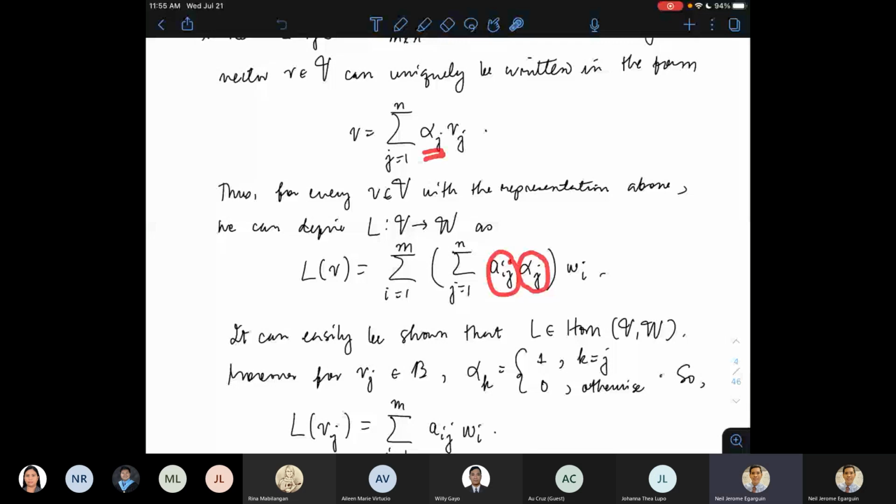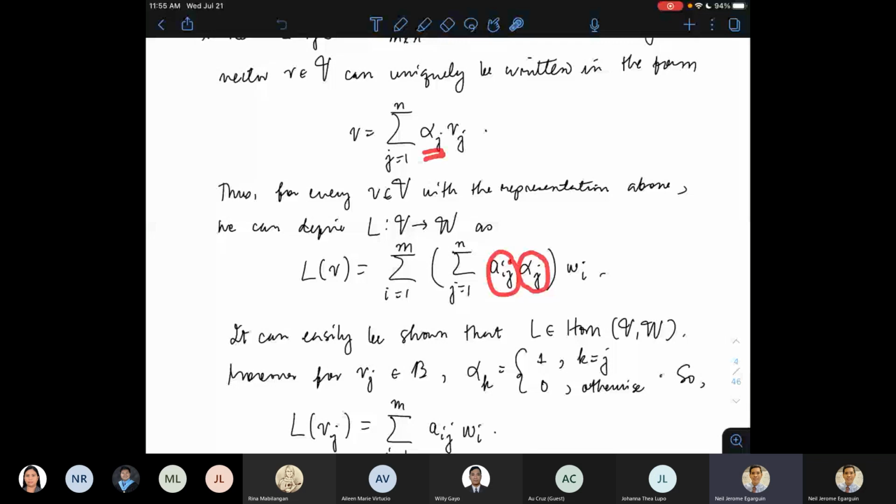Okay. It is quite straightforward to show that L here is a linear transformation. Okay. So dahil linear transformation na siya, gusto ko na lang ipakita na masasatisfy niya yung required property. What is the required property in definition 55?